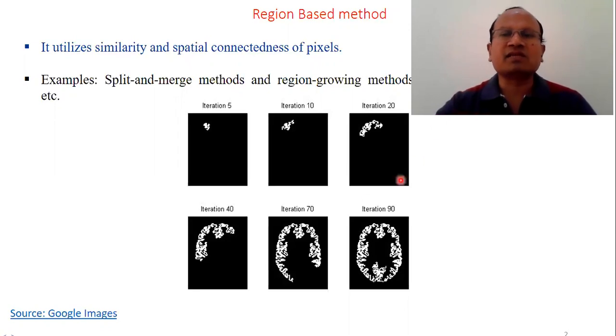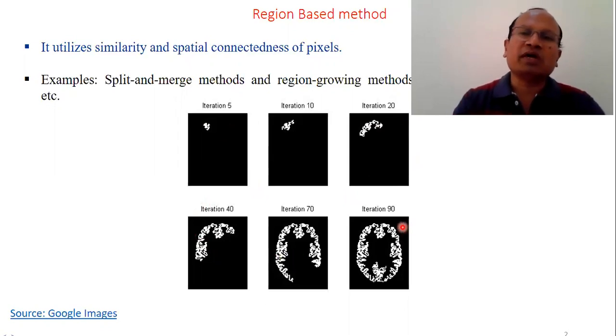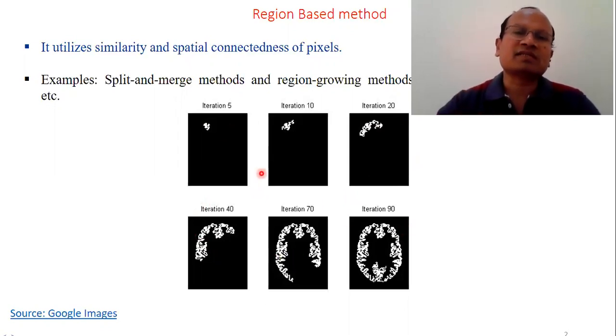As we can see in this diagram, this is for 5 number of iterations. As we increase the number of iterations, you can find that the region is increasing. This is one example of region growing, where the region is getting increased because we are checking if there is any similarity in the neighborhood, and when we find similarity, we connect those areas.